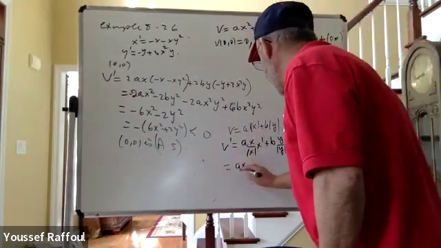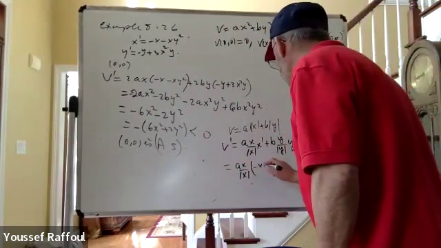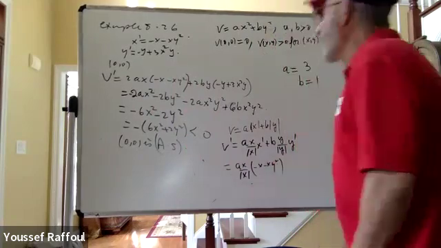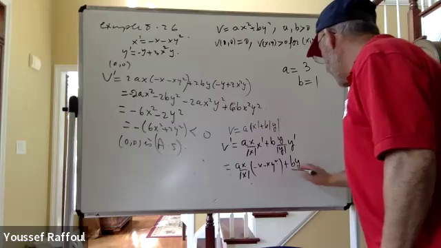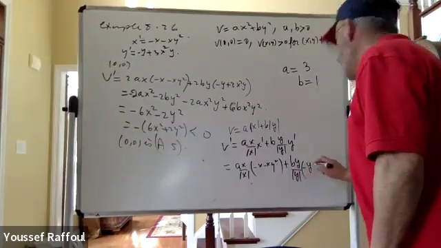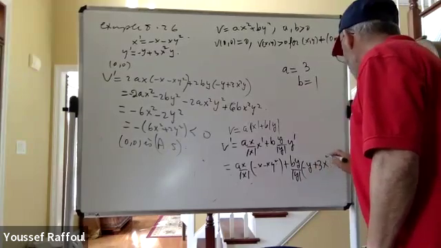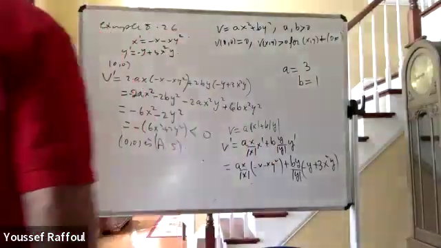That is a x over x prime is minus x y squared plus b y over y minus y plus 3x squared y. Okay.